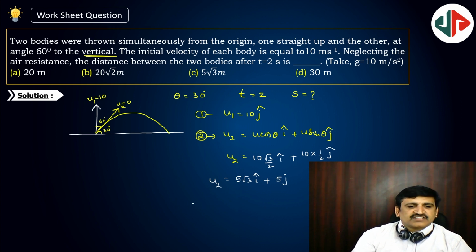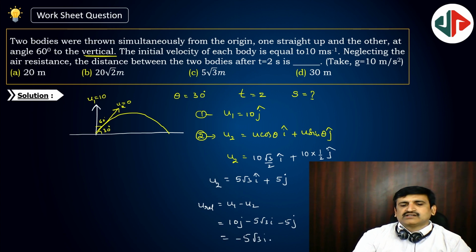Now relative velocity u relative is equal to u1 minus u2, that is 10j minus 5 root 3 i minus 5j, which gives minus 5 root 3 i plus 5j.